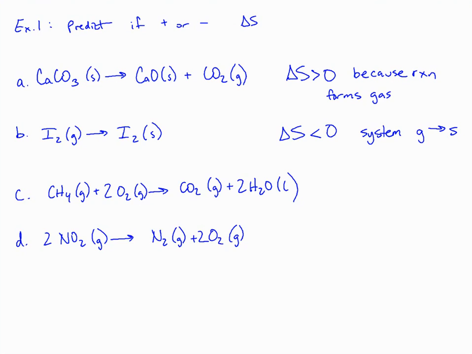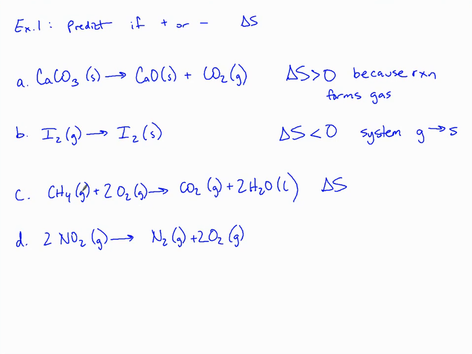Part C, we have methane plus 2 oxygens yielding CO2 gas and 2 liquid waters. So the change in entropy: let's look at a couple different things. Temperature, we don't know. Volume of a gas, we don't know. Increasing the moles of a substance in the reaction, that was 3 and 3. Increasing the number of substances, it was 2 and 2, no. Number 5, changing states from solid to liquid to gas.